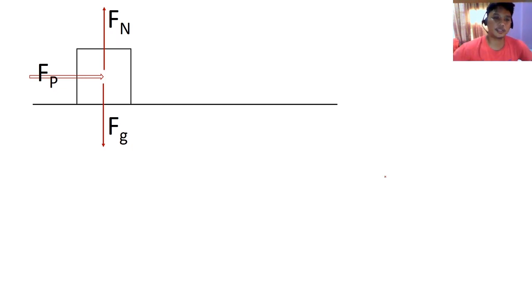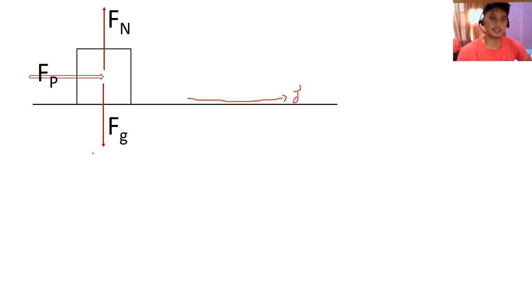Take the example of this problem. This box is displaced to the right, so it has a displacement to the right direction. As you can see, there are three forces acting on this object: a pushing force to the right, a normal force upward, and a gravitational force downward.